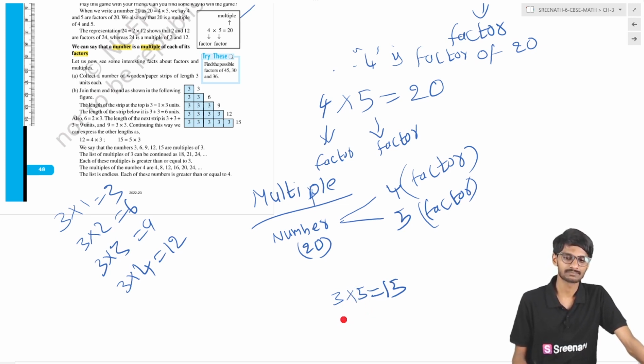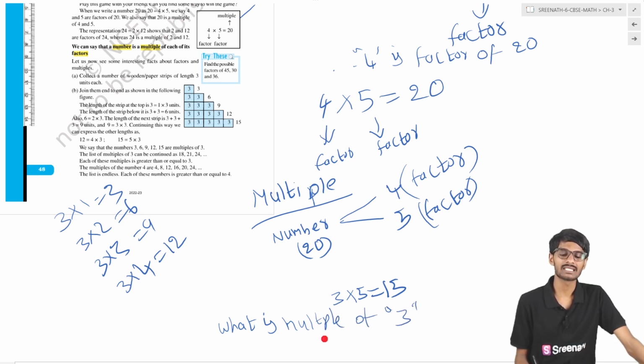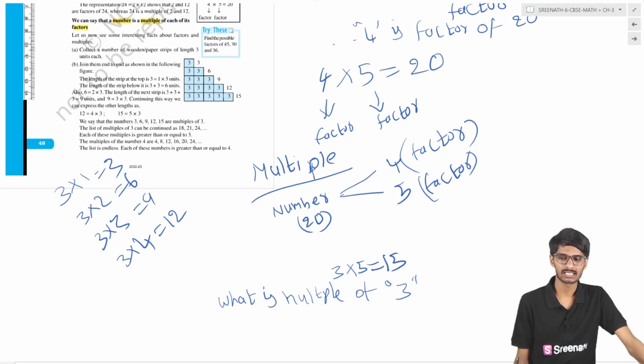So basically, what is a multiple of 3? I want to ask you this question. What is a multiple of 3? Then what is your answer?